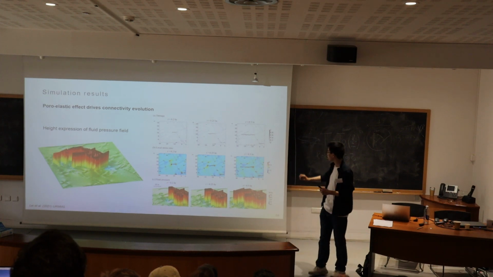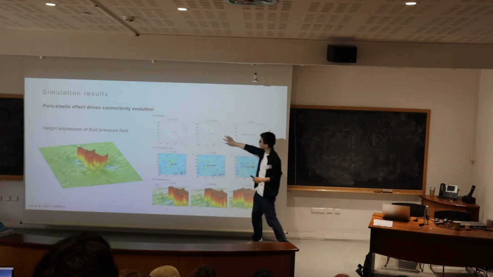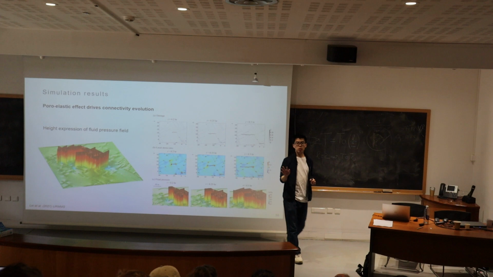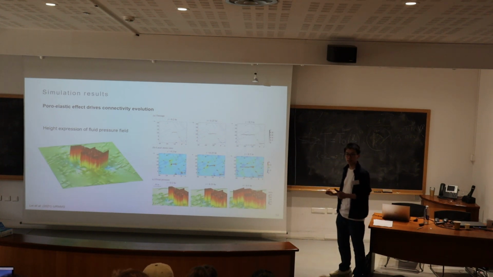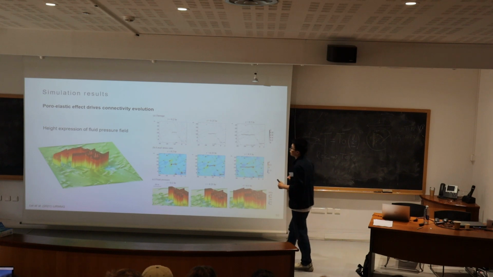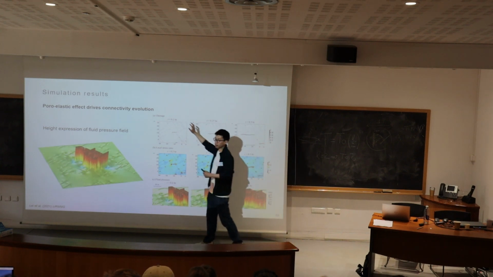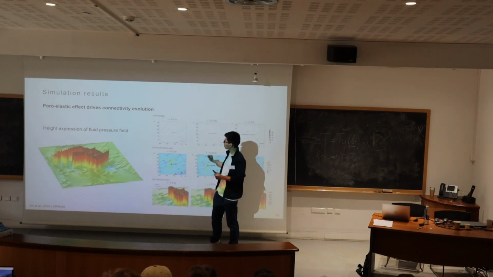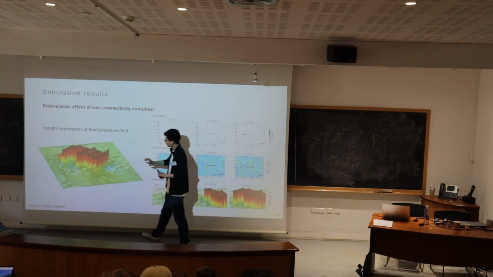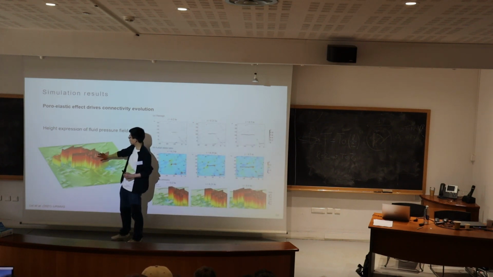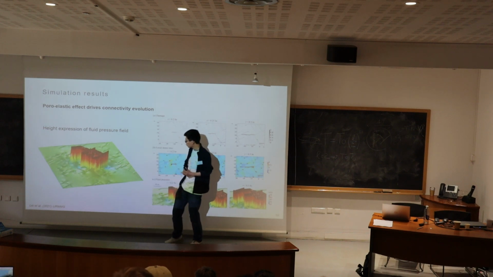Because this initiation or propagation of this new damage is in the region where we have the permeability enhancement and connectivity gain. And the reason is the poroelastic effect, which drives the connectivity evolution. This can be clearly illustrated using this height expression of the fluid pressure evolution.